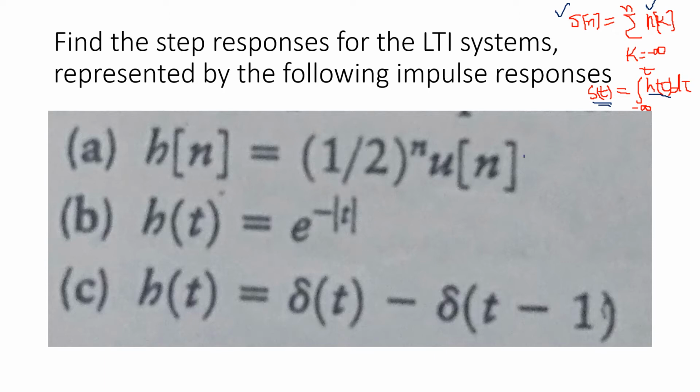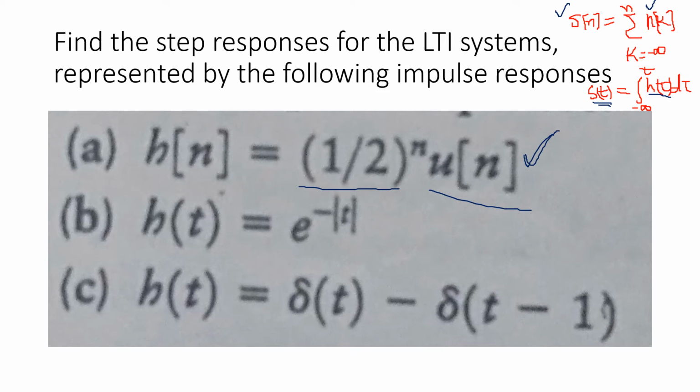So if you look at the first problem, what is this here? Impulse response is equal to (1/2)^n u[n], right? So you all understand what u[n] signifies here. It signifies that n cannot have negative values. So if n cannot have negative values, then we multiply it in those cases with the step function u[n], for the discrete time case.